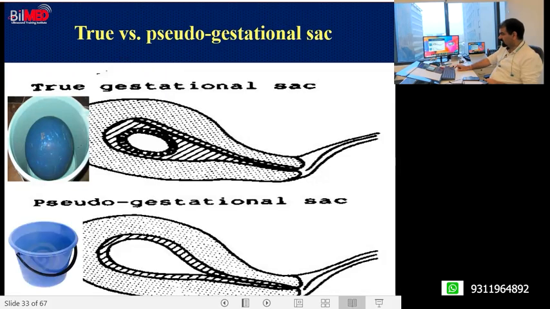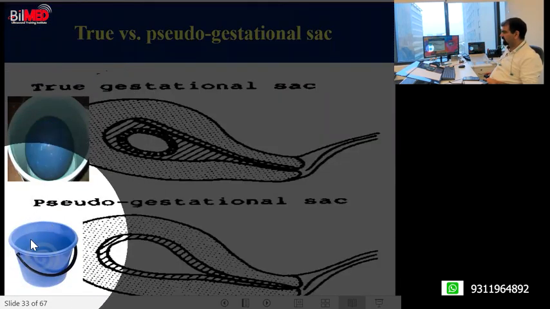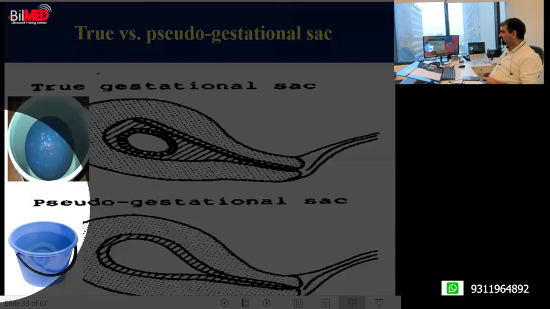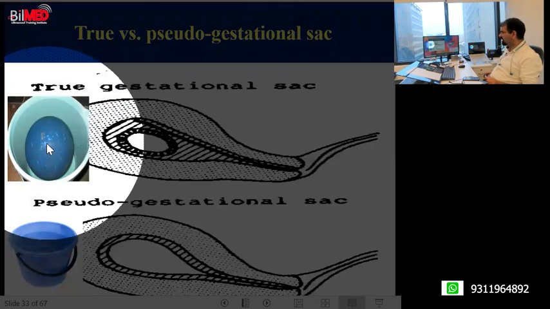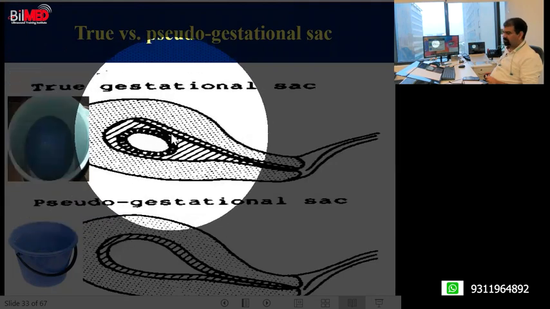But if I have a bucket with not a water ball now, but direct water in it, will there be any space between this bucket and the water? The answer will be no. Now, this bucket with the water ball is a true gestational sac.